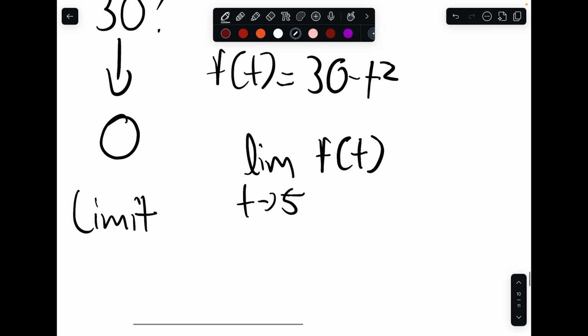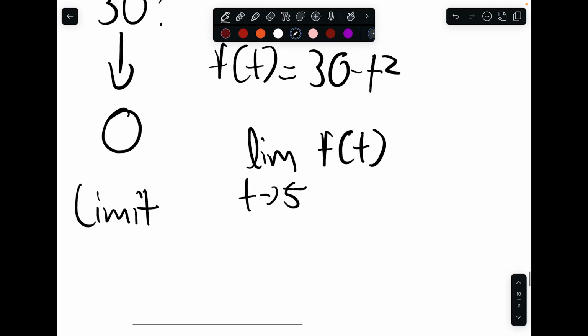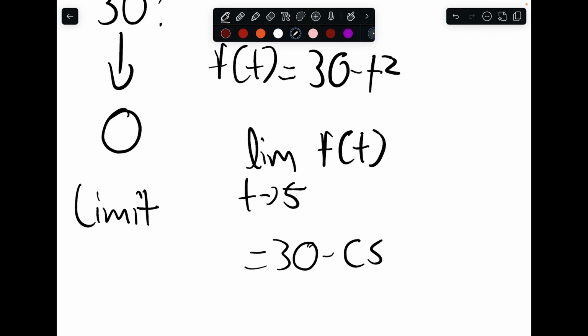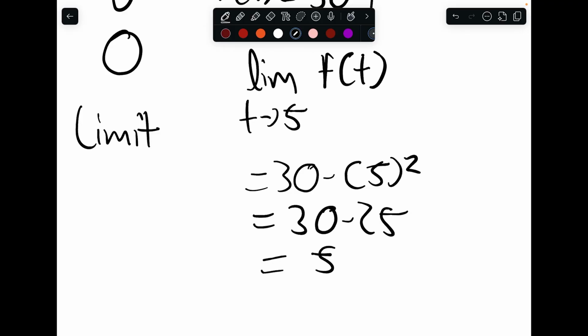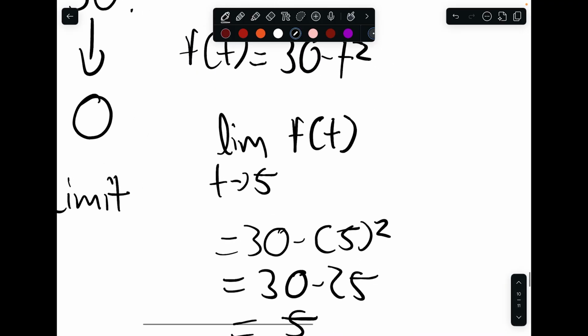Let's try it with this function. F of t is equal to 30 minus t squared. When we plug in 5, that is equal to 30 minus 5 squared, which is equal to 30 minus 25, and that is equal to 5. So, that means our limit is equal to 5.